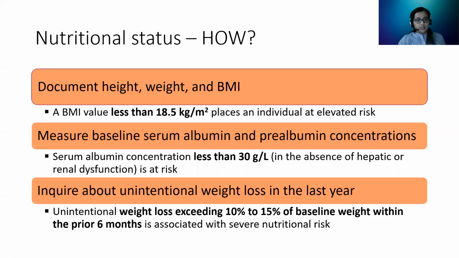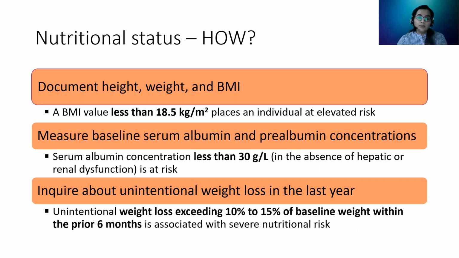Next is nutritional status. It can be assessed by measuring BMI and serum albumin levels. If BMI is less than 18.5 kg per meter square and serum albumin concentration is less than 30 gram per deciliter, it places an individual at elevated risk.